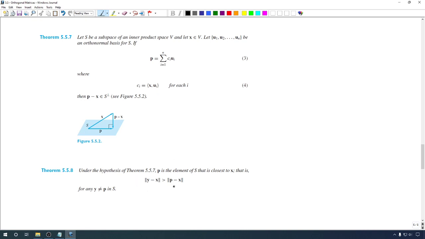And in the second one, we rely on the Pythagorean law, just being able to expand out the norm of a sum into a sum of norms squares, as long as we have orthogonality. But we're not going to get into that now, just because we don't really have time for it.